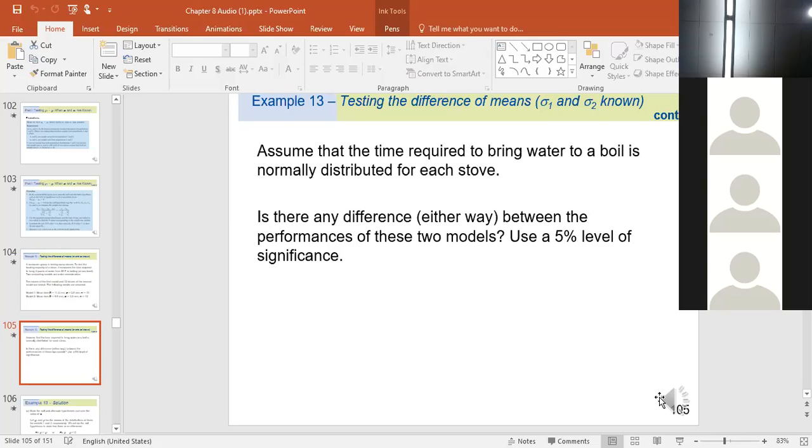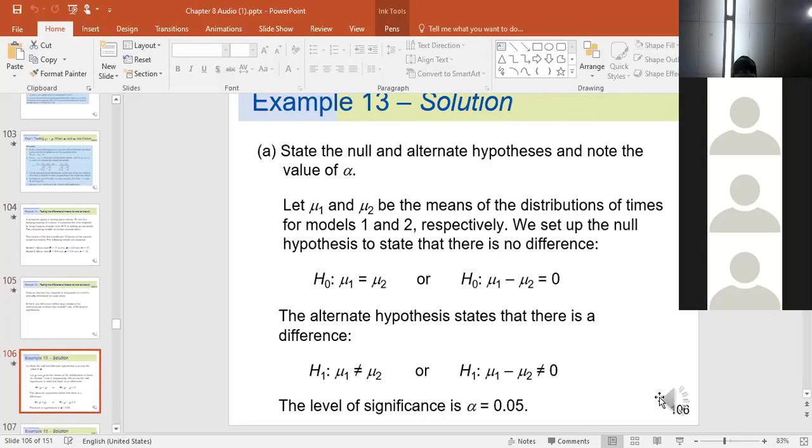Here, is there any difference between the two models? The claim will be there is a difference. So these are the hypotheses.